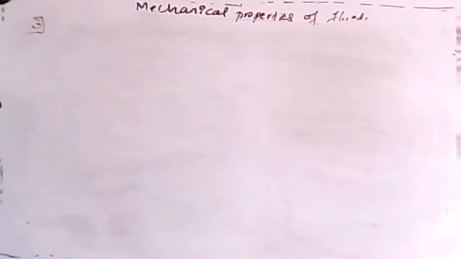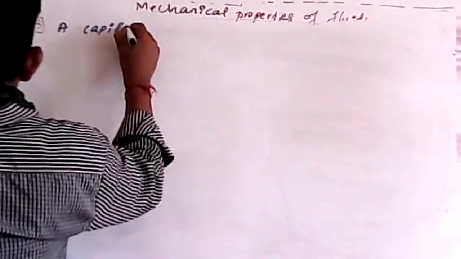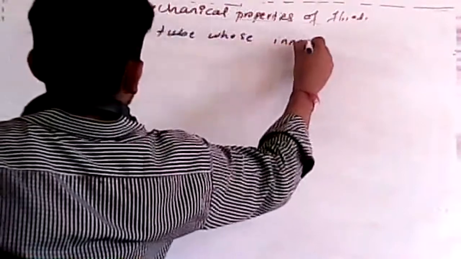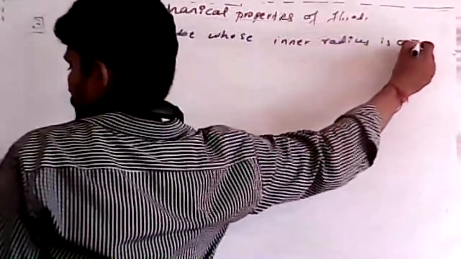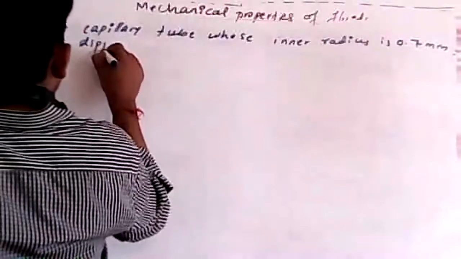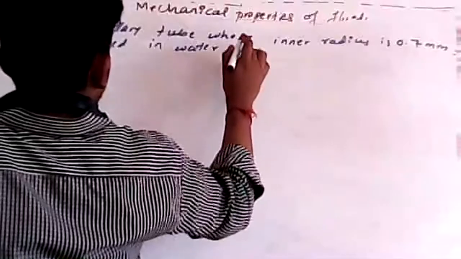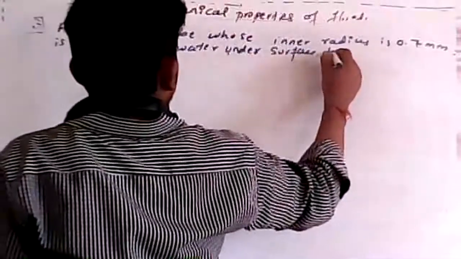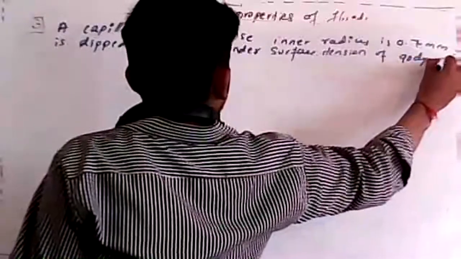In the third one, we will see a capillary tube whose inner radius is 0.7 millimeter, dipped in water under surface tension of 90 dyne per centimeter.